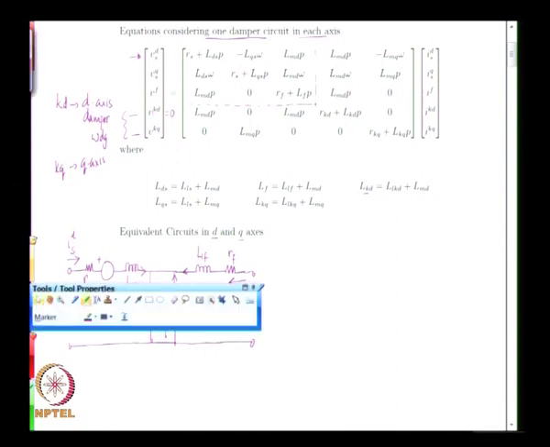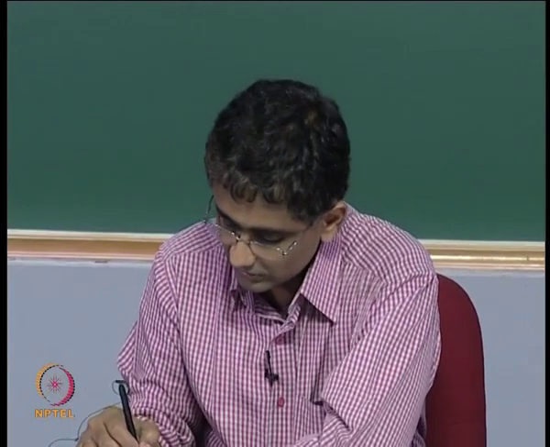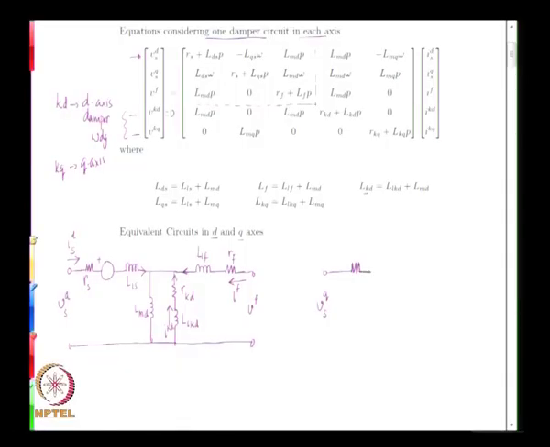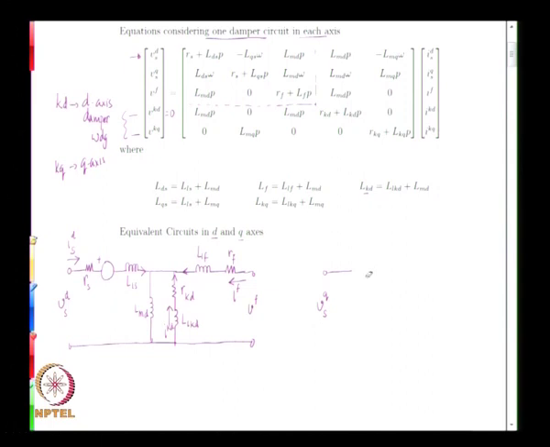Now, similarly, we can draw an equivalent circuit in the q axis. The q axis equivalent circuit will then have VQS, that means the q axis stator winding, and then you have the resistance of the stator and then the leakage inductance of the stator. Well, you also have an induced EMF. So, let us represent the induced EMF first, and then the leakage inductance.